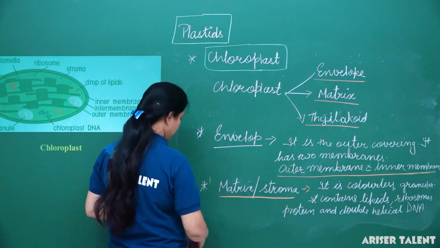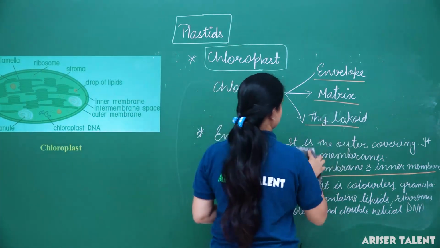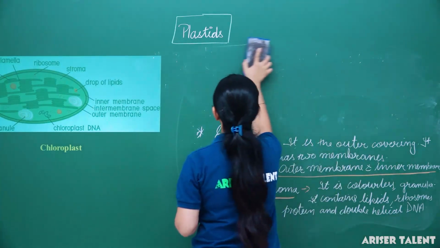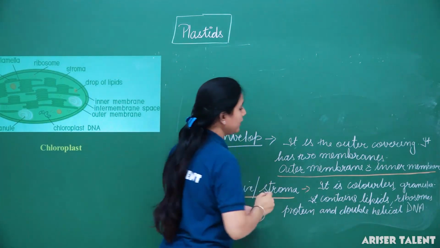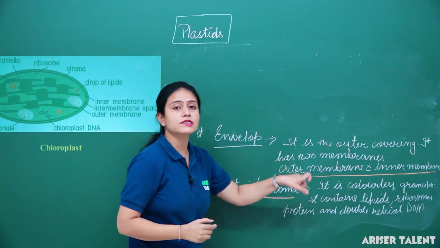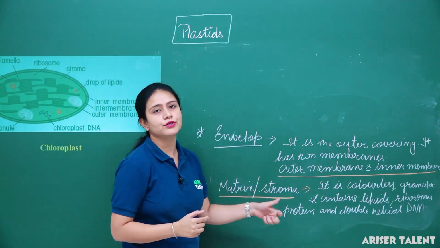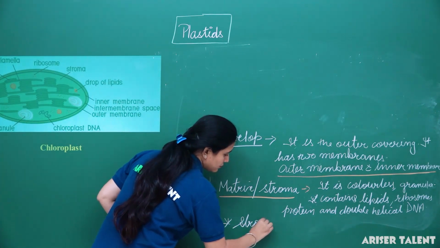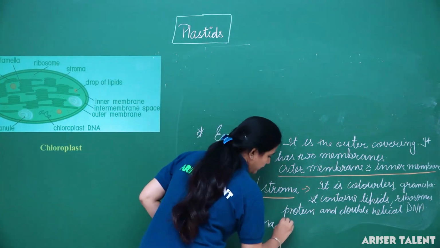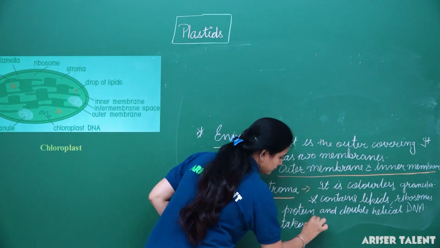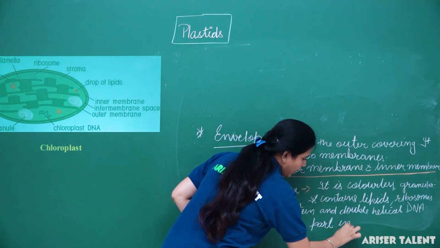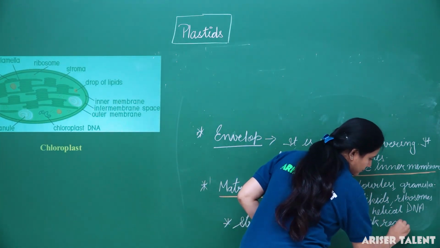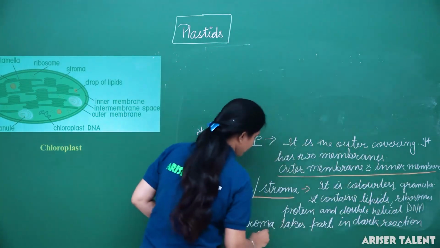Next we will talk about thylakoid. The third part is thylakoid. And one more thing: as the stroma is colorless, it is responsible for the dark reaction during photosynthesis. Here we can mention stroma takes part in dark reaction during photosynthesis.